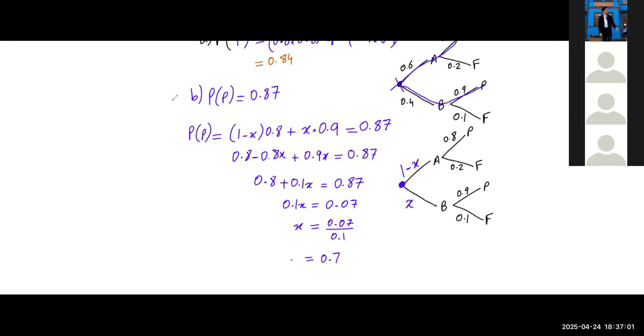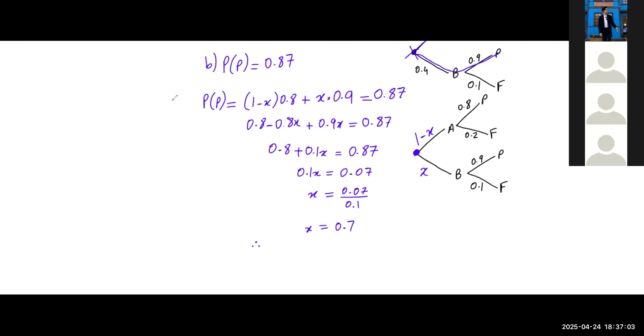So, what have we found out? B should make what percentage of boxes? So we found out that x should be 0.7 for this probability to happen. So what percentage of boxes should B make? 70%, exactly.